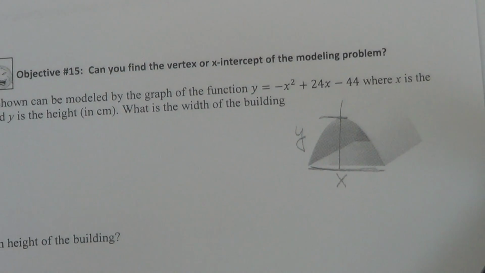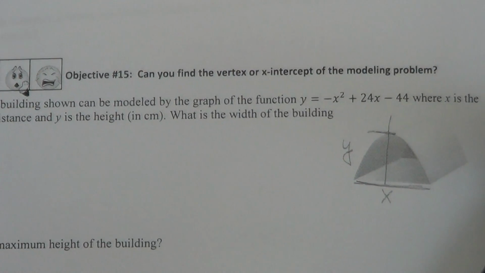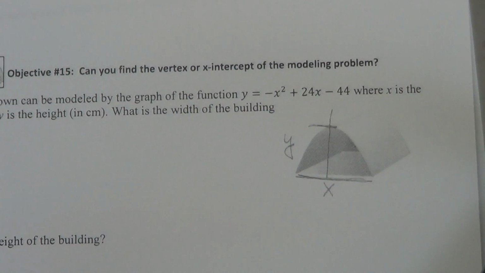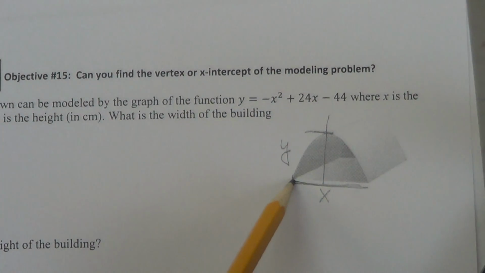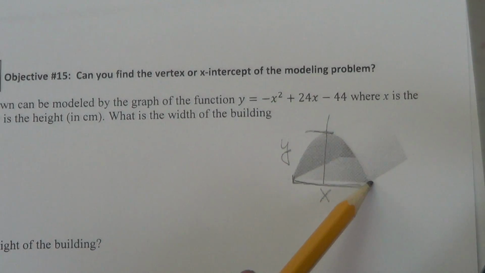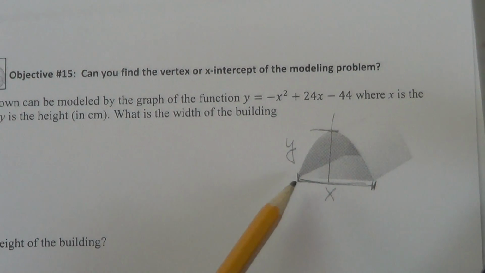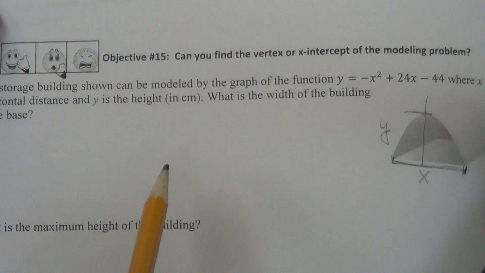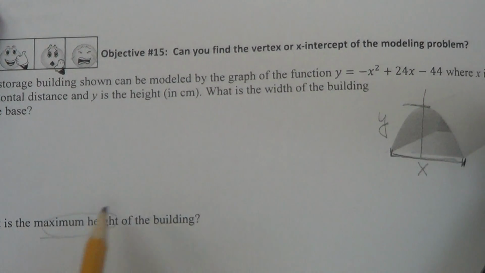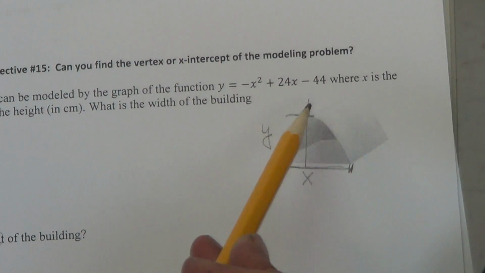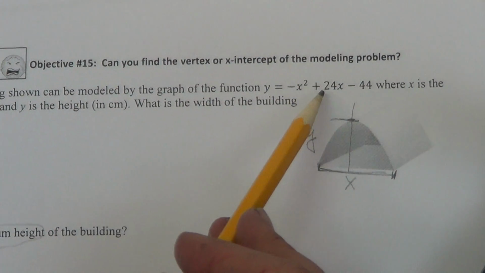And we're asked, what is the width of the building? Well, sounds to me like we need to find what our intercepts are here, and then find their difference to see what the width is. So then it asks, what is the maximum height? So we're going to have to find all of these. We have it in standard form.